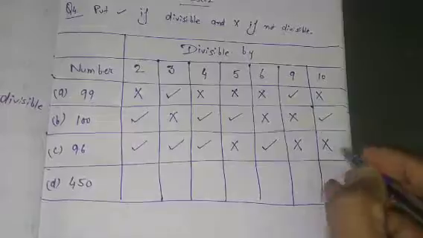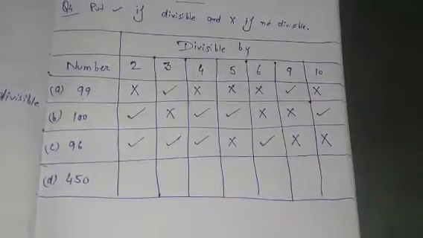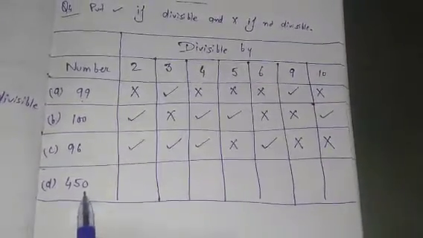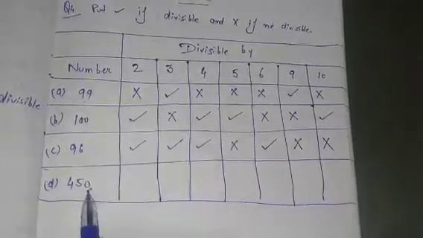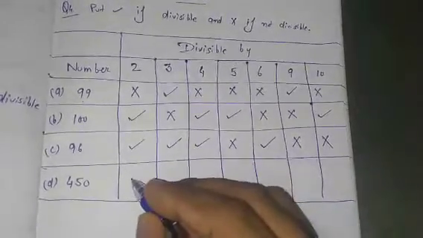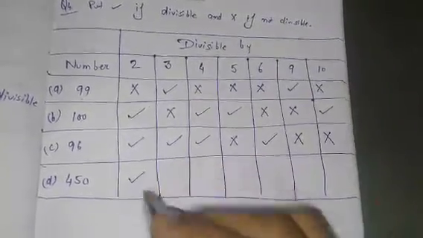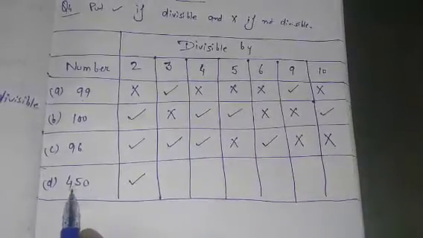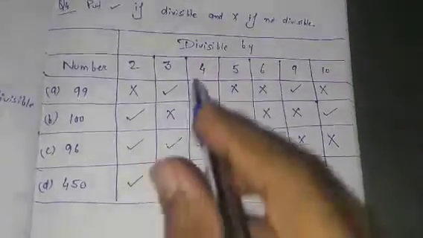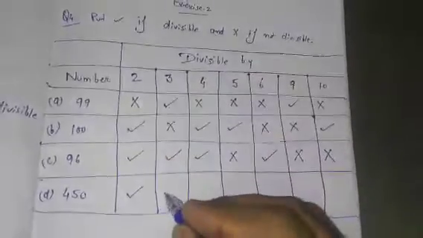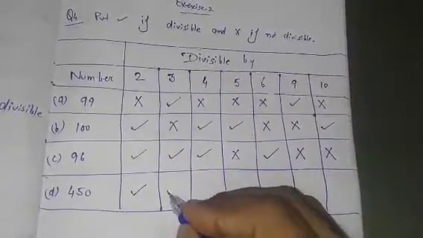Okay students, clear? Now the next number given is 450. The ones digit is 0, so as I have told you the rule, it will be divisible by 2, and the sum of these digits, 4 plus 5 plus 0, is equal to 9. 9 is divisible by 3, so it means 450 is also divisible by 3.